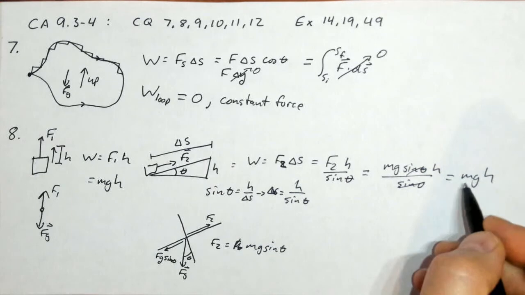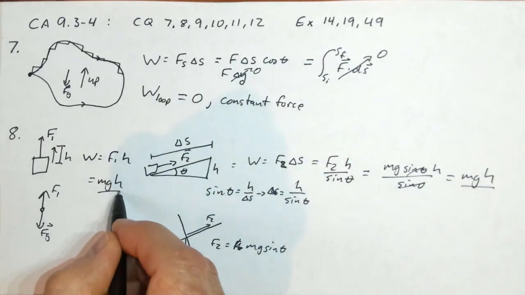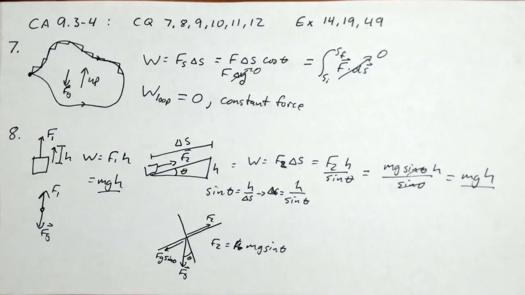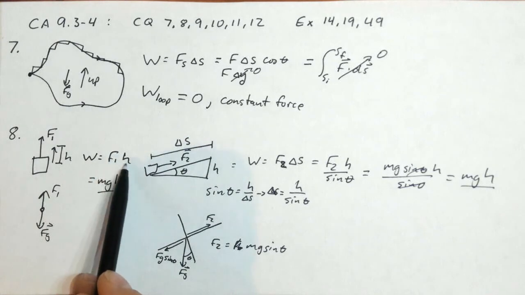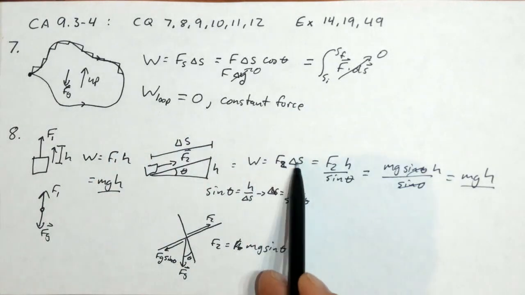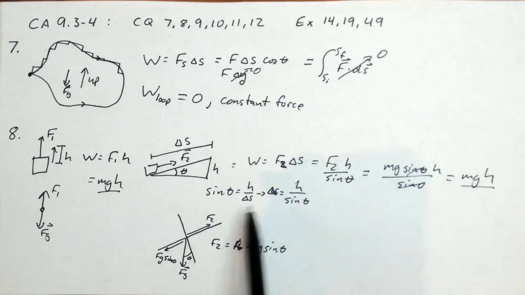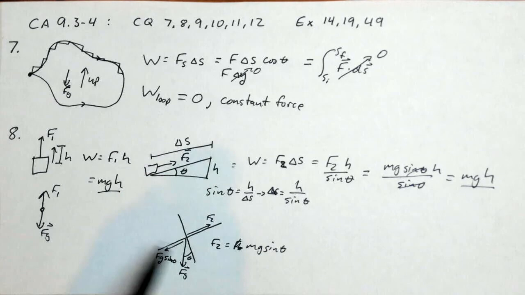This is equal to the change in gravitational potential energy of the system. So hold on to your seats for chapter 10. The important thing is we applied our idea of force in the direction of motion, and then related them by kinematics, dynamics, and geometry.